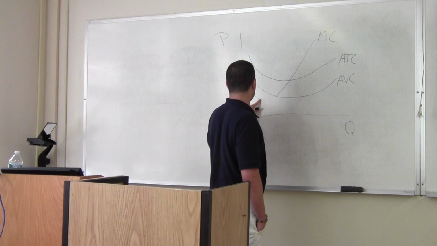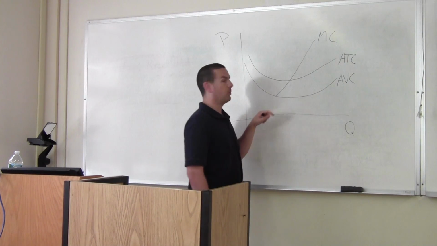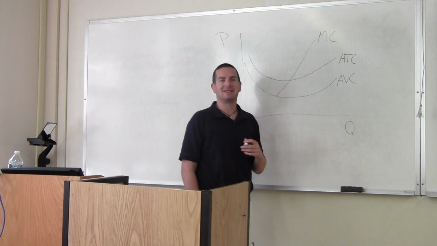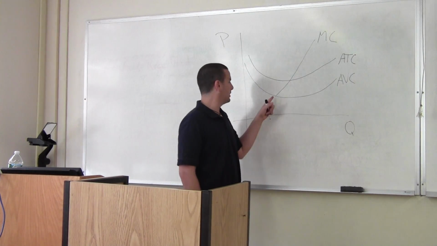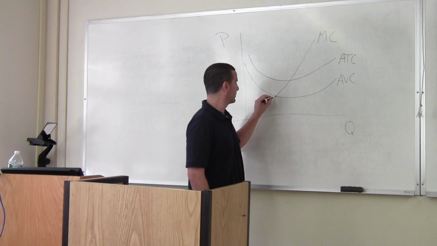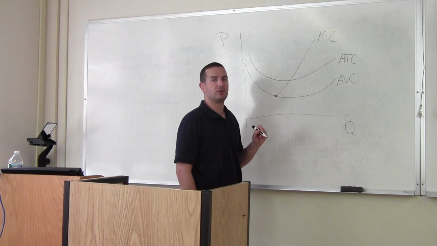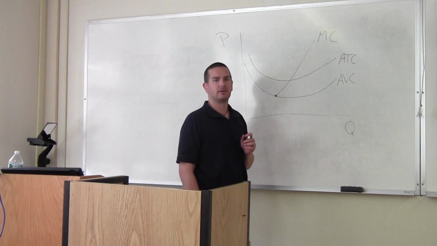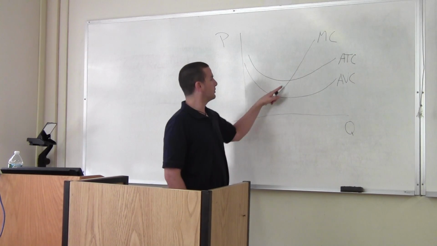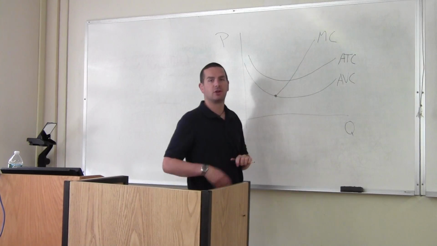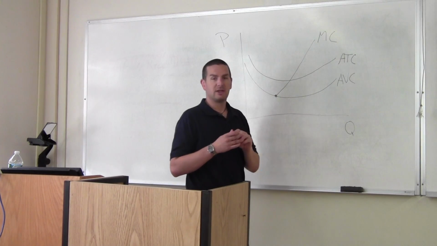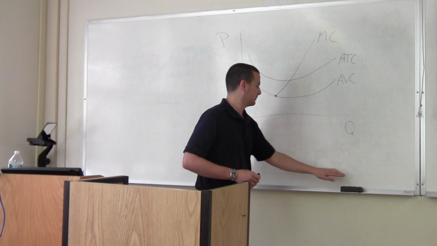So that portion of the marginal cost curve doesn't really exist. You start producing at the shutdown point, okay? This, we said, the marginal cost curve turns into the supply curve, okay?